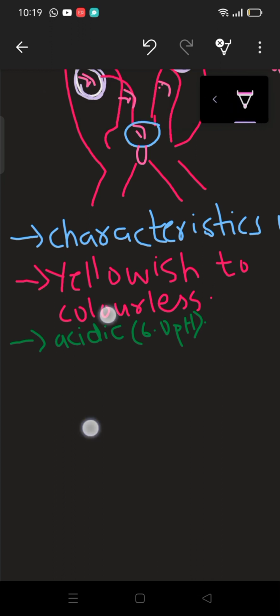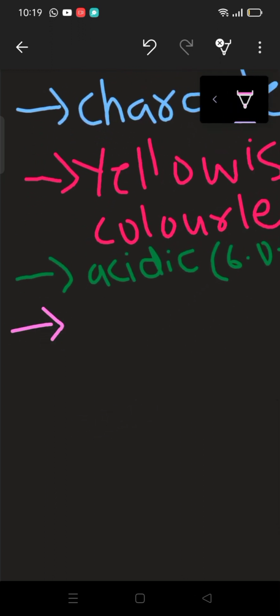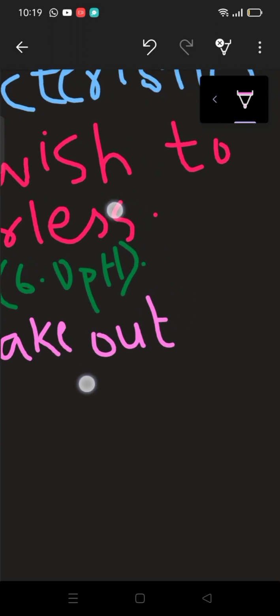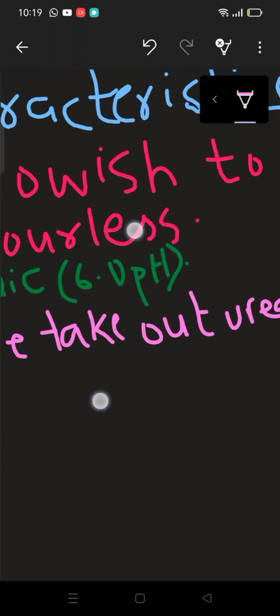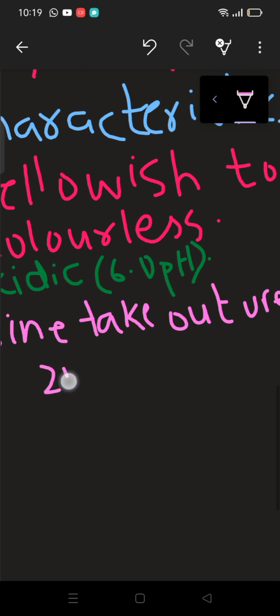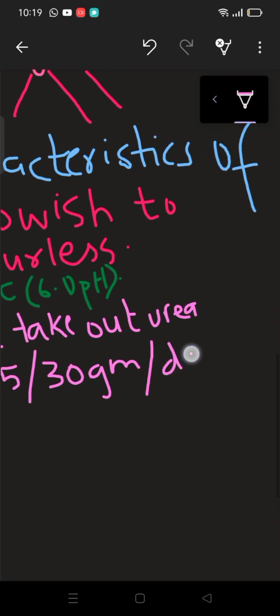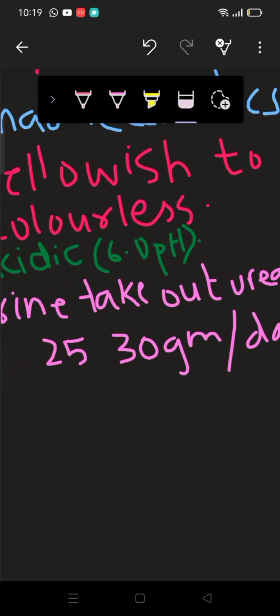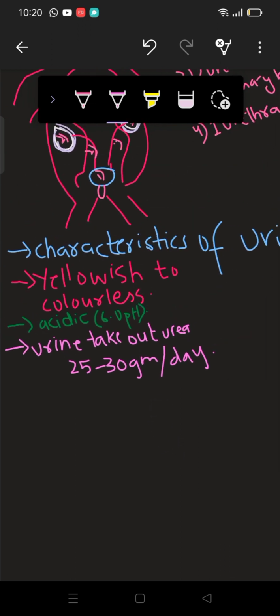So I'm going to write here: urine takes out urea in a day. Let me reset. It is 25 to 30 grams per day. Our urine production in a day is 1.5 to 2 liters.